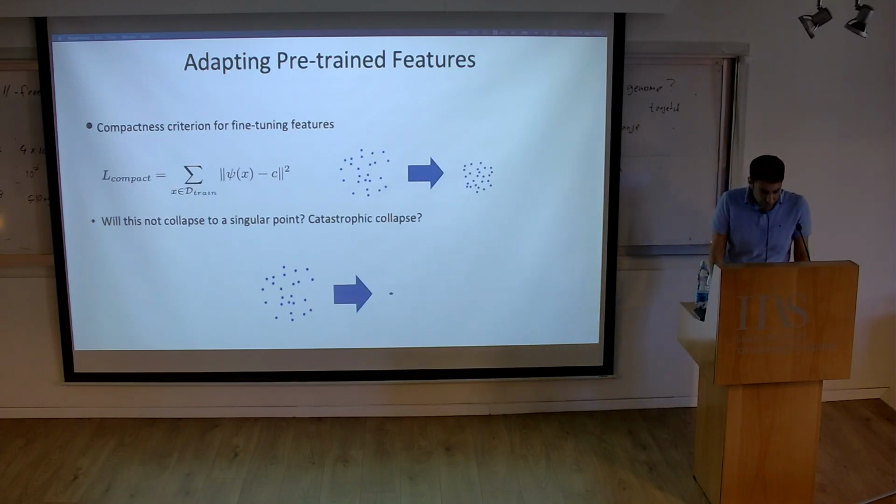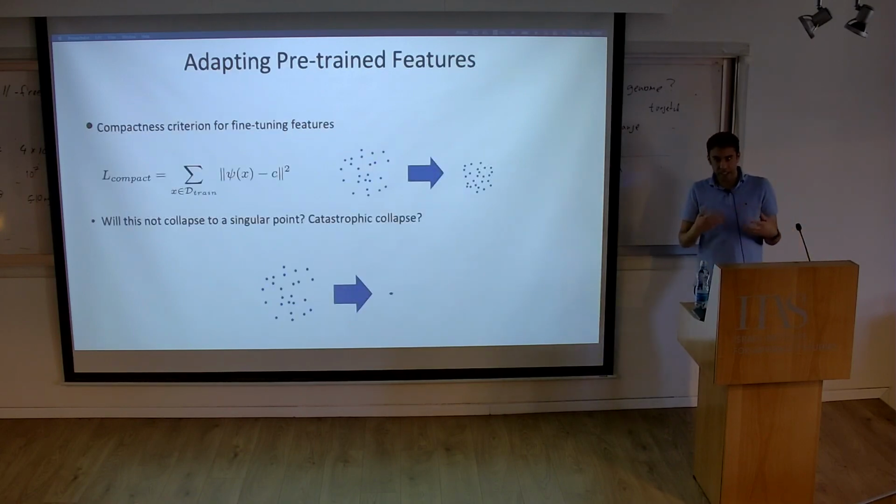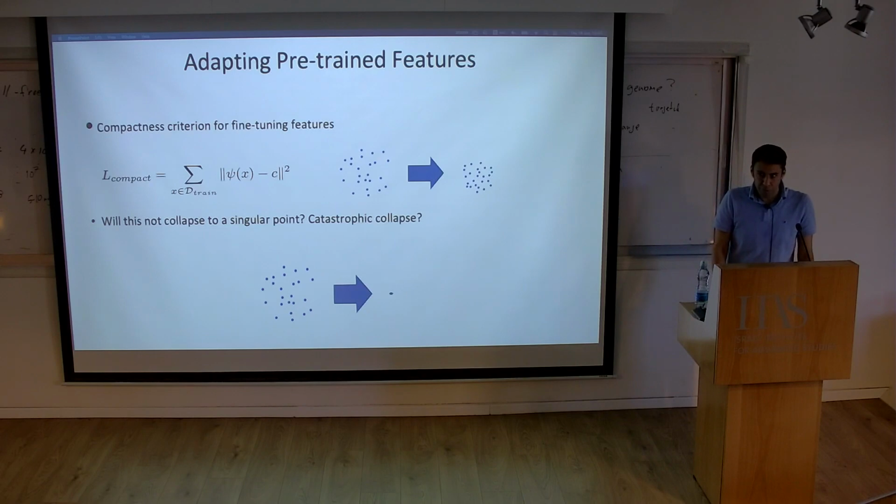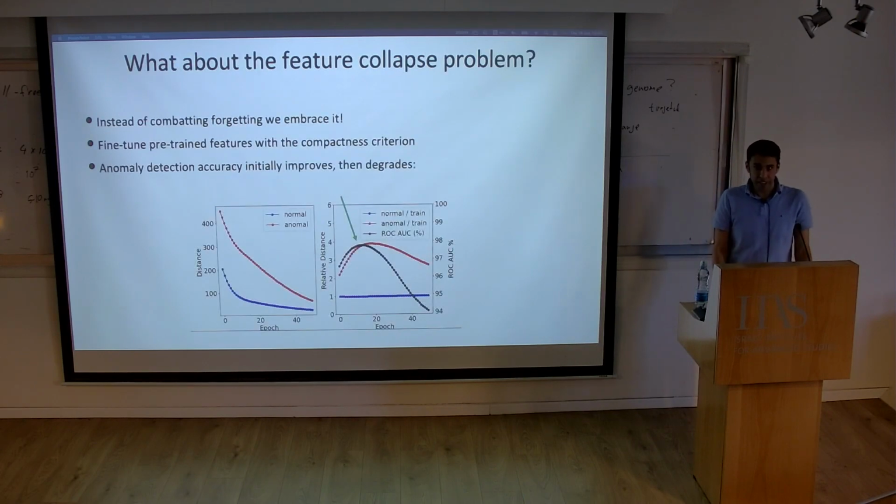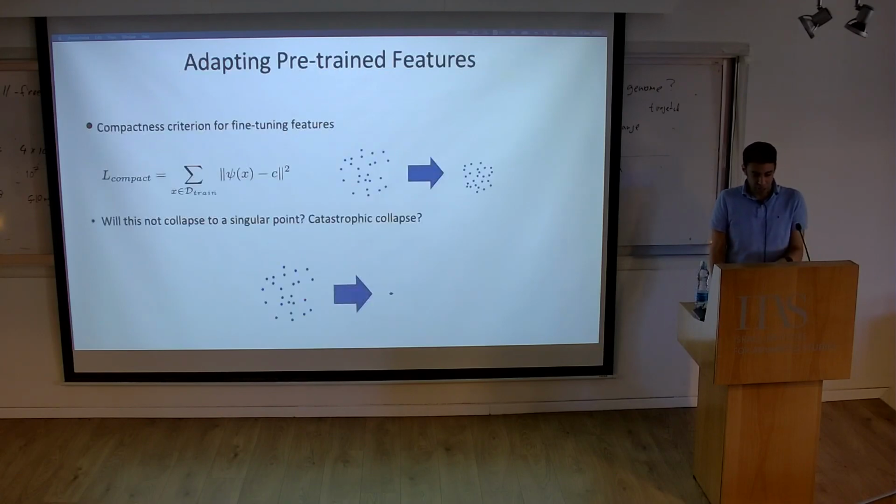And so there have been many approaches trying to mitigate this issue. And we took maybe a slightly different approach. We call this issue catastrophic collapse, because everything collapses to the center. And so we took a slightly different approach, I think, to what most of the literature did.